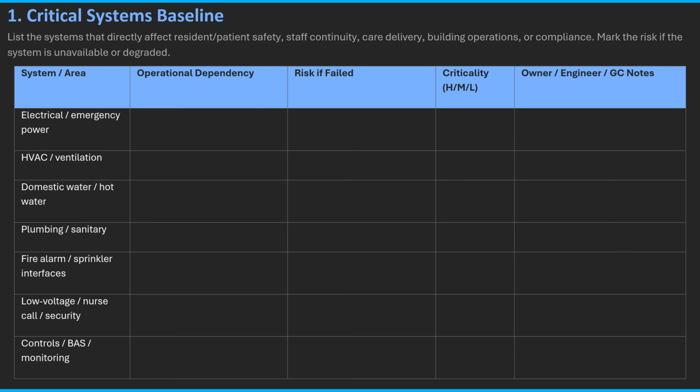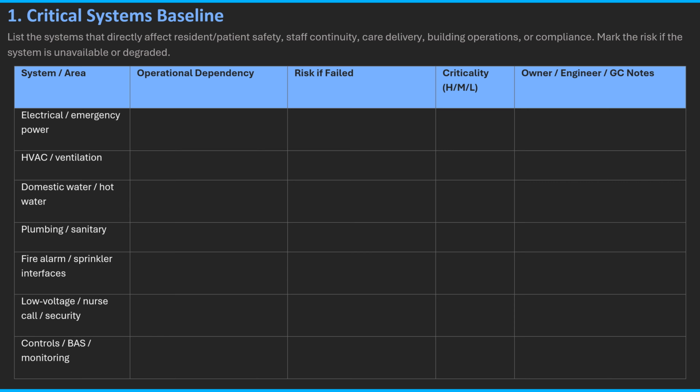Step 1 is the critical systems baseline. List the systems that directly affect care, delivery, and continuity. Electrical and emergency power, HVAC and ventilation, domestic water and hot water, plumbing and sanitary systems, fire alarm and sprinkler interfaces, low voltage systems like your nurse call, your access control, your security, and your communication, controls, and building automation.